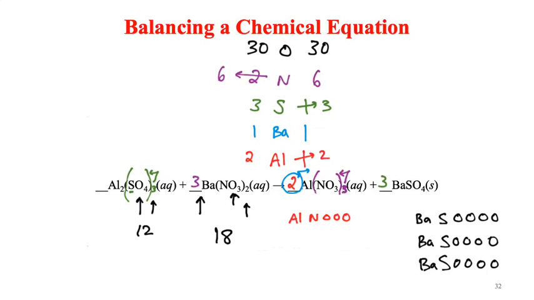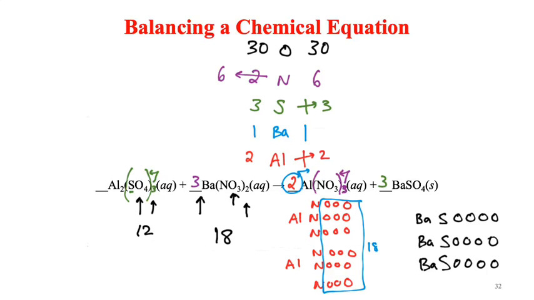But I have 3 of those oxygens. But then I have 2 of those sets. How many oxygens are now in that? 18.